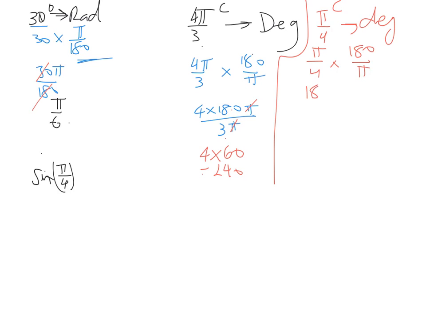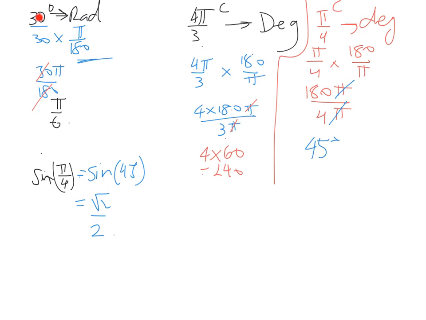So we've got 180 pi over 4 pi. Both our pi's cancel and we're left with 45 degrees. So that tells us that sine of pi on 4 is equal to sine of 45. We know sine of 45 is root 2 over 2.